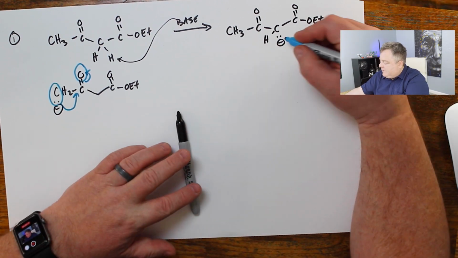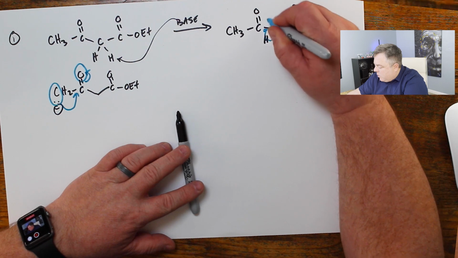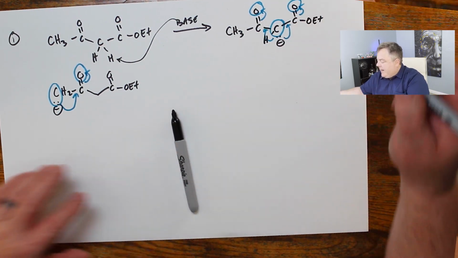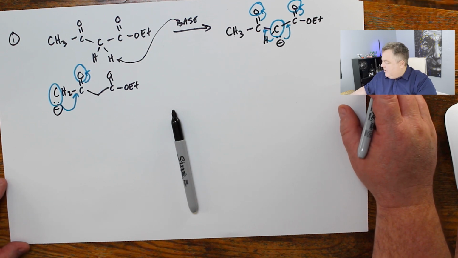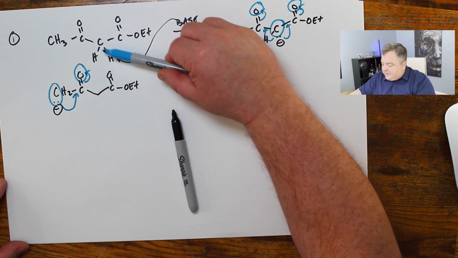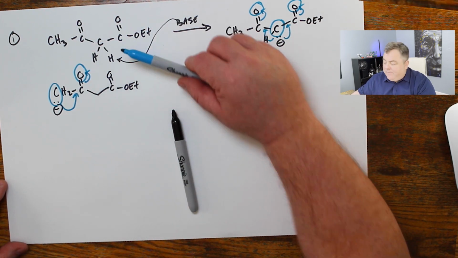And that negative charge is very stable because I can push the electrons up to that oxygen or this oxygen. So I share that negative charge over 3 atoms, which makes it super stable, super happy. So therefore, anytime I have hydrogens on a carbon between 2 carbonyls, that's where we're going to pull off the proton.